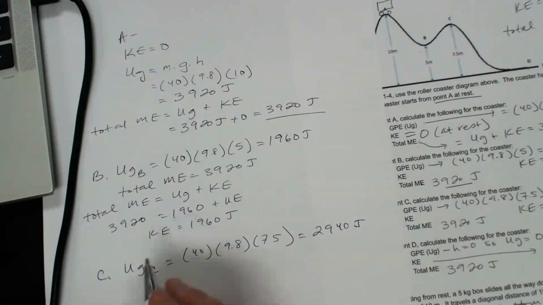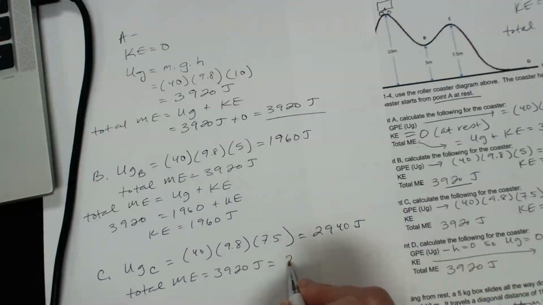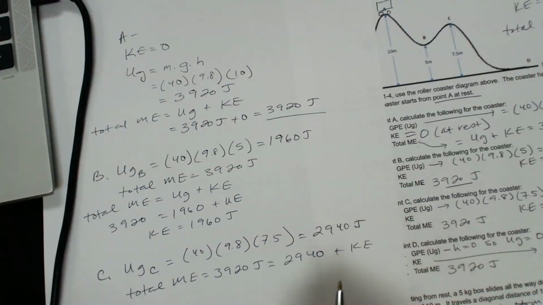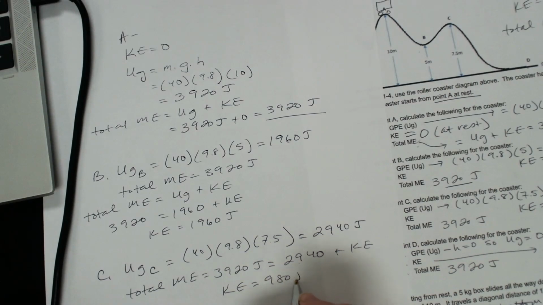Again here, total mechanical equals 3,920 joules, and that equals my potential at this point, 2,940, plus my kinetic. I can subtract 2,940 from both sides, and I end up with kinetic energy equals 980 joules.